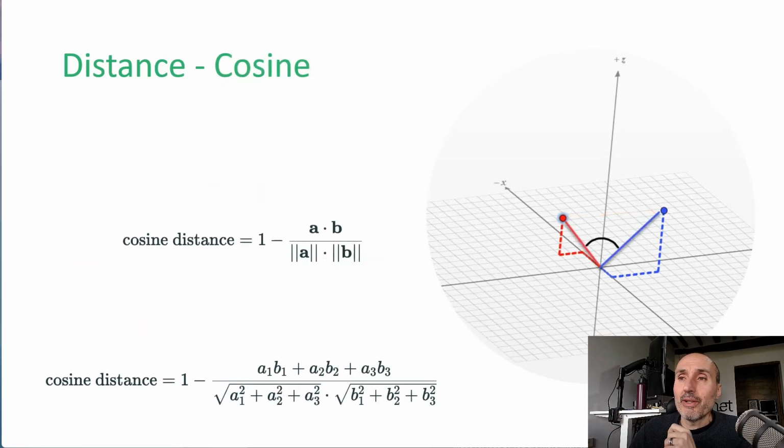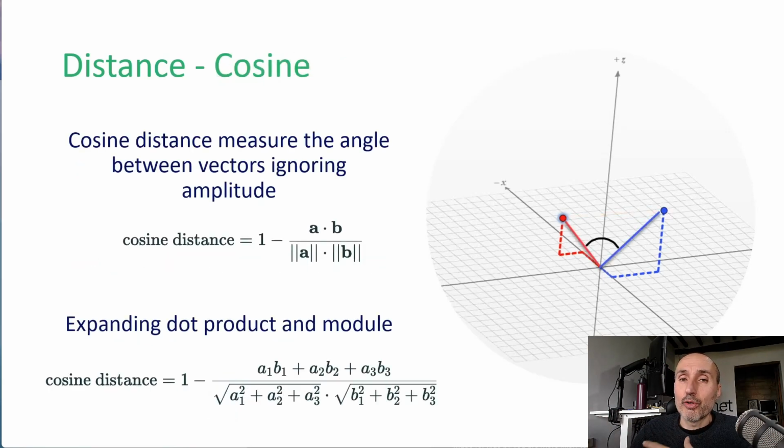Usually you have another formula, the cosine distance, which does not take into account the real distance between the two points, but takes into consideration the direction. So it measures the cosine of the angle formed by the two vectors. As you know, if they point in the same direction, the angle is 0 and the cosine is 1. If they are opposite, the cosine is -1. If you expand the formula, it's that one, and it still has a square root.